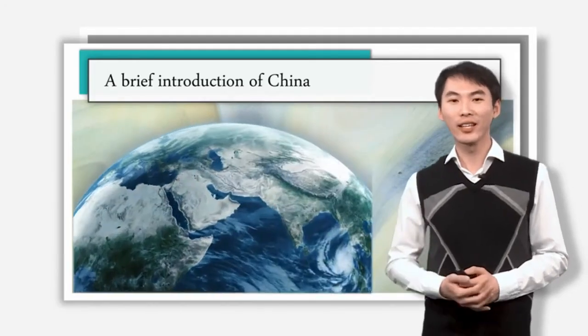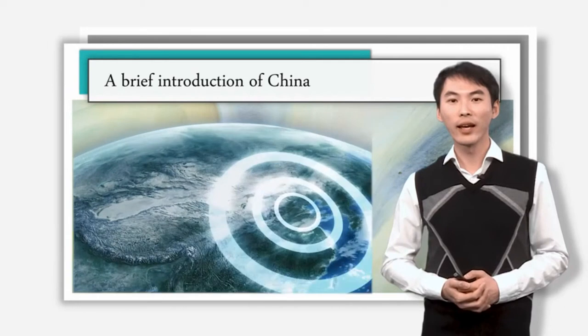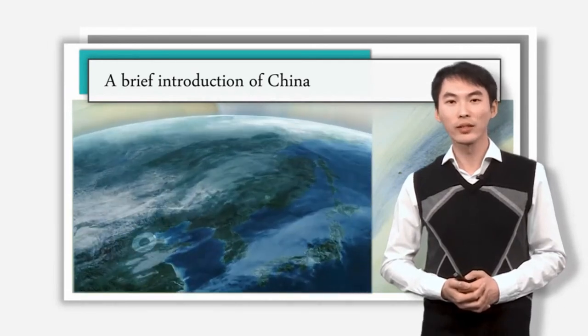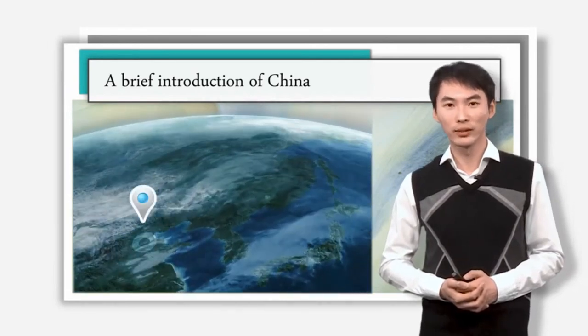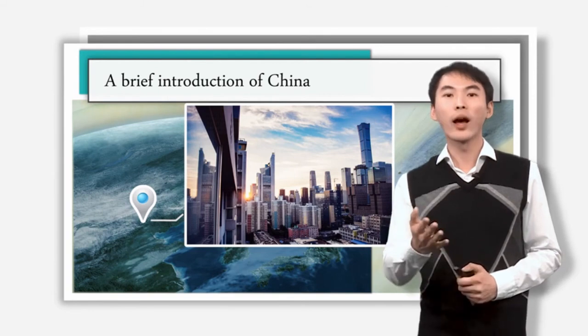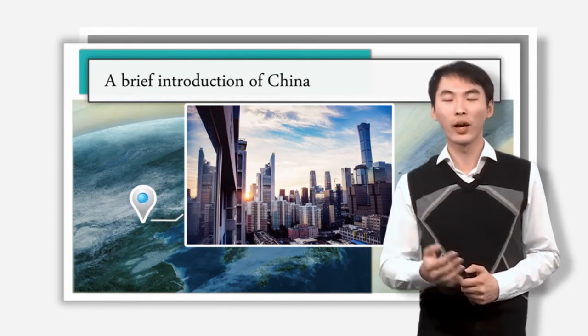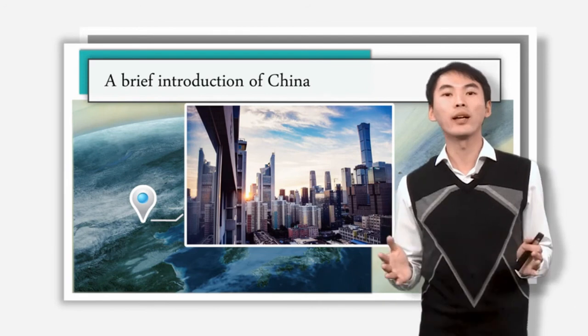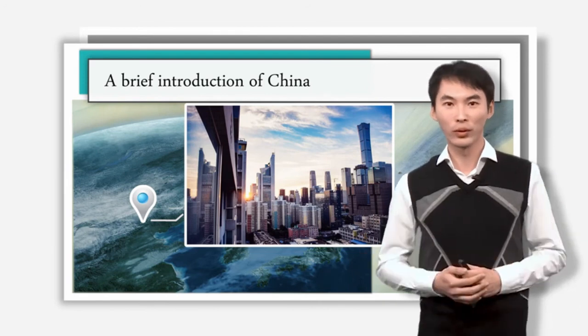China is in the east of Asia, and it is one of the 4 ancient civilizations in the world. Nowadays, China is a modern country, and Chinese people are living in a modern lifestyle. Have you ever heard of any stories about China? What does China mean to you?